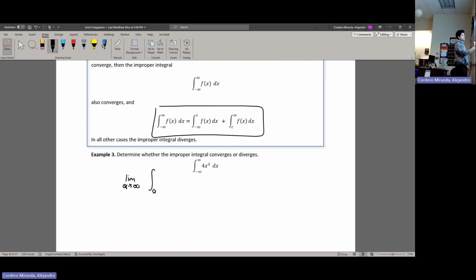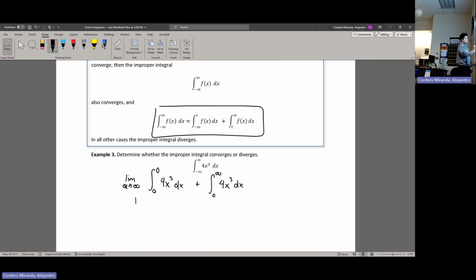So split it from a to 0 of 4x cubed dx, and then from 0 to infinity of that same integral.